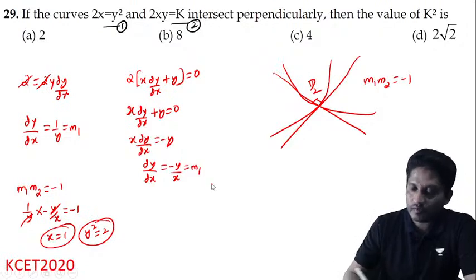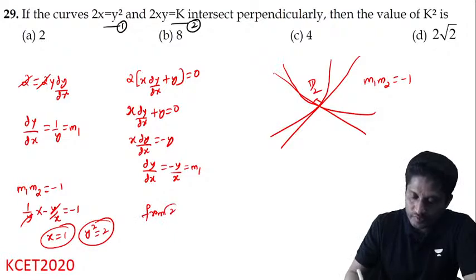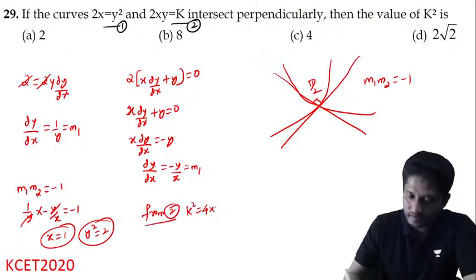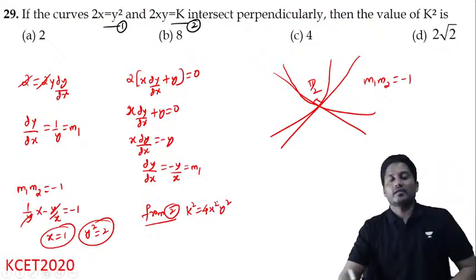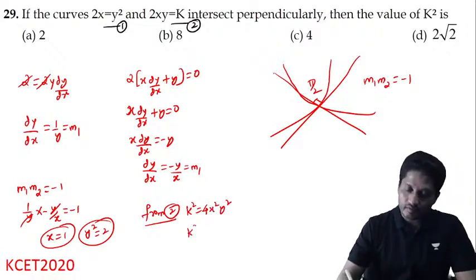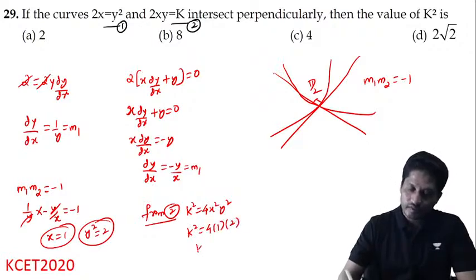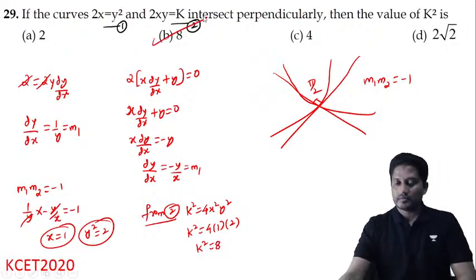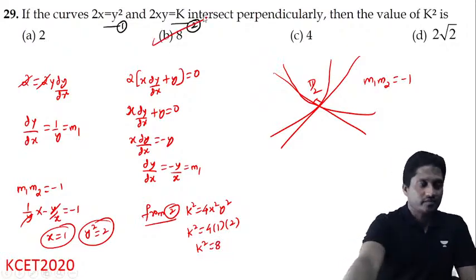Now I am supposed to find out k square. From equation 2, if you square on both sides, k square is equal to 4x square y square. So k square is equal to 4 times x square is 1, y square is 2. So k square is equal to 8. Answer is option B.